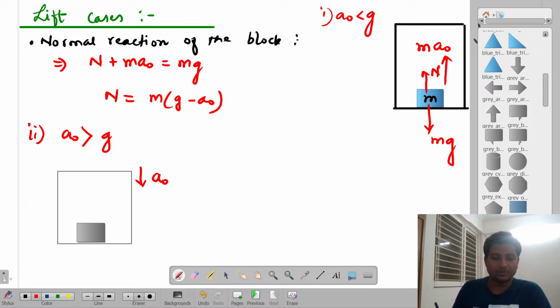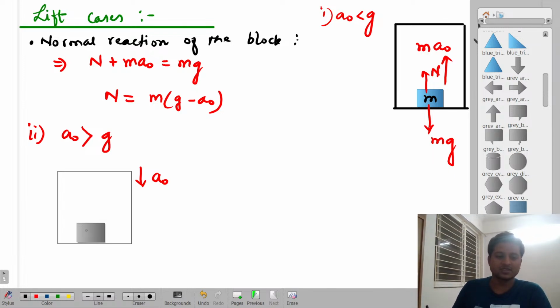Is this block going to fly or what? Of course. Why? See, the downward force is mg, and due to the acceleration of the lift, the pseudo force in the upward direction will be m a naught.